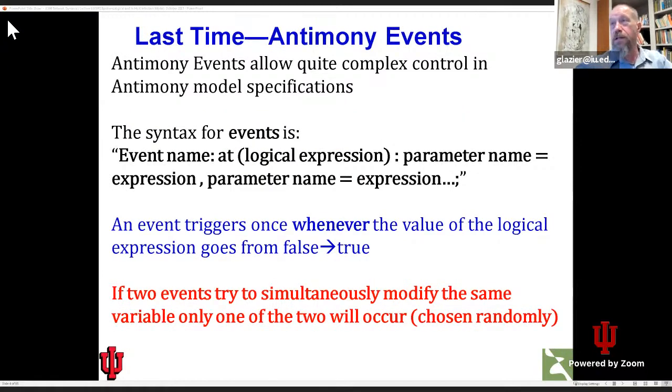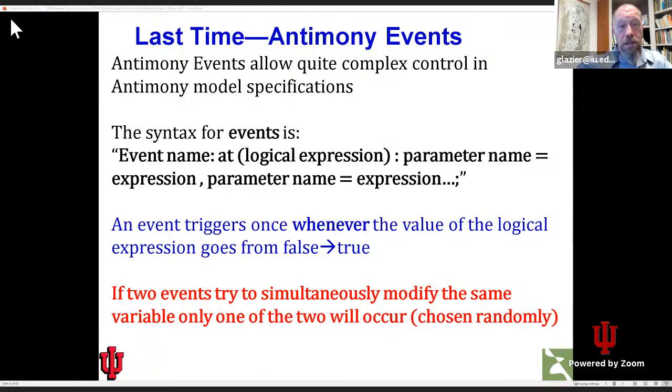So again, we saw events. We just had a review of events in the example that Drew showed. This idea of event name at some kind of logical expression, often involving time, but not necessarily, could involve the level of a variable as well.